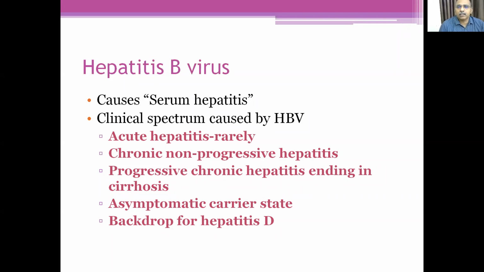Rarely, hepatitis B can cause acute hepatitis symptoms. I will tell you one example. One of my friend's father was operated on for gallbladder pathology. While operating, he was transfused with blood, but unfortunately that blood was contaminated with hepatitis B. He got a whole packet of hepatitis B blood, which is a massive transfusion.